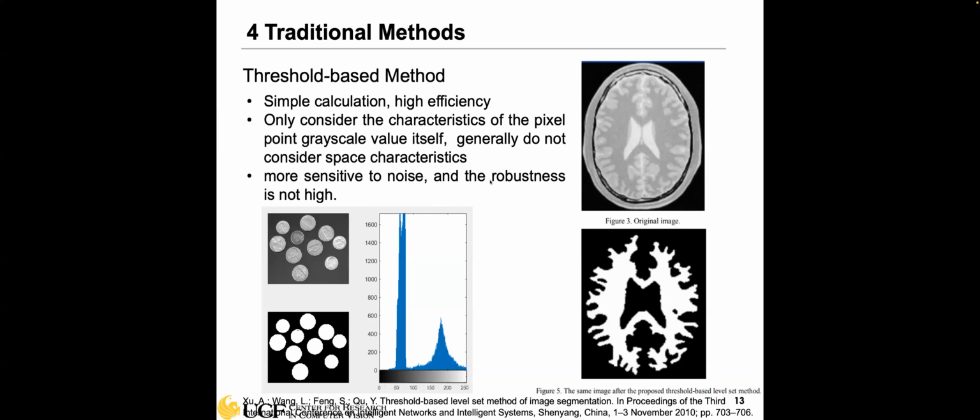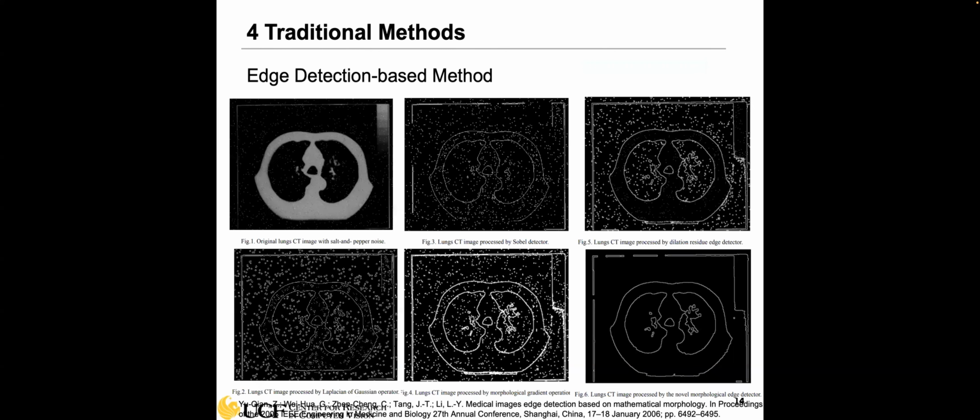Also, because it does not consider spatial characteristics, you just look at the pixel value, not the spatial structure information, so you may have some misclassifications. Tissues may have different intensity values but structurally or semantically belong to the same class, but if you base it on pixel intensity only, you'll make some misclassification there. So the robustness is not very high.